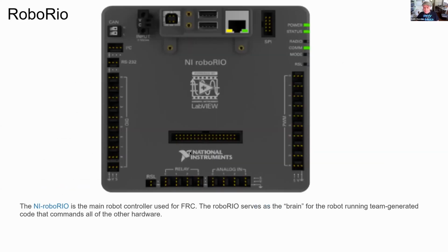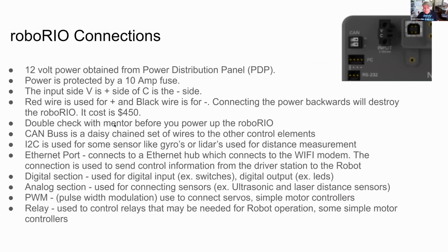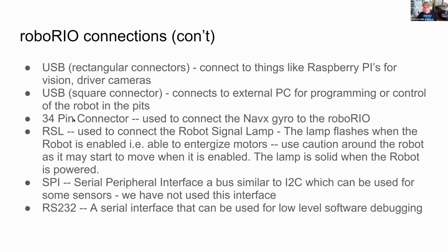That connects up to what we call the NavX. Okay, that's the gyroscope. Robot signal light: like we said, it flashes when the robot's enabled and when the motors are energized. The serial SPI bus, but again, like I said, we've never used that because it's pretty complicated. And if we ever need to do some low-level software debugging, we could use the RS-232 interface.